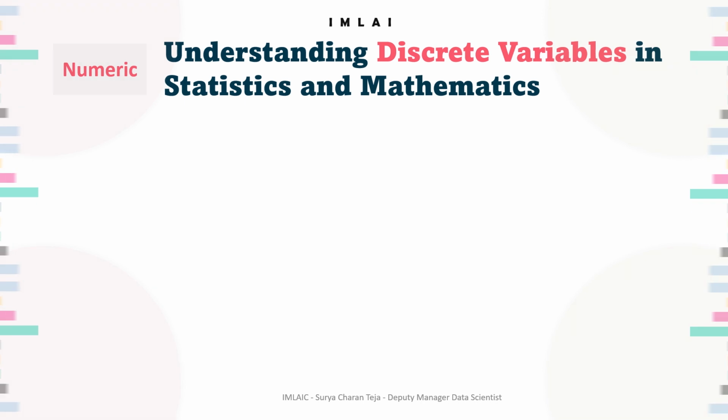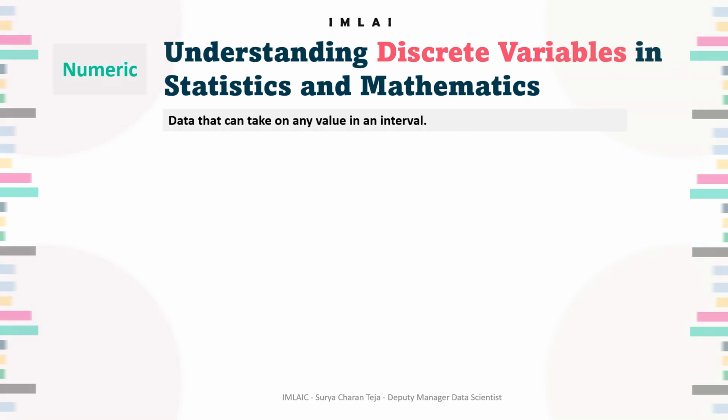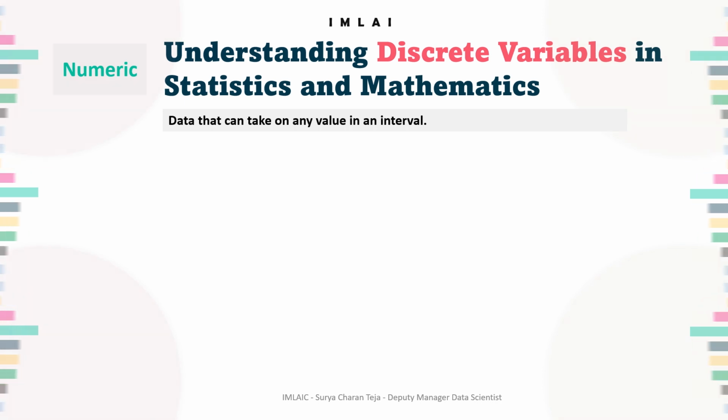What is a discrete variable? Discrete data can take on only integer values, such as counts. This is very important: the counts. Synonyms we use for discrete data are integer or count.